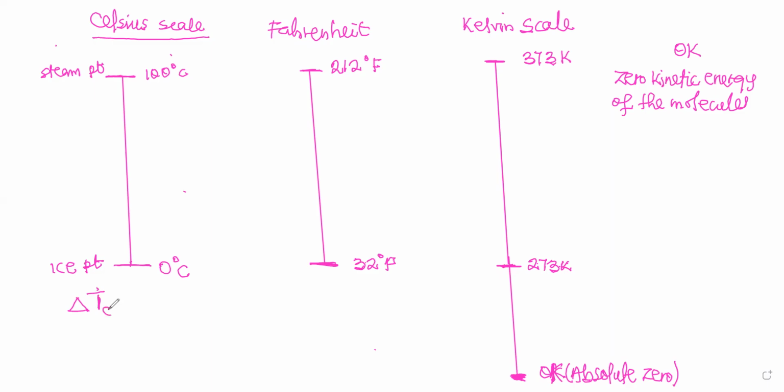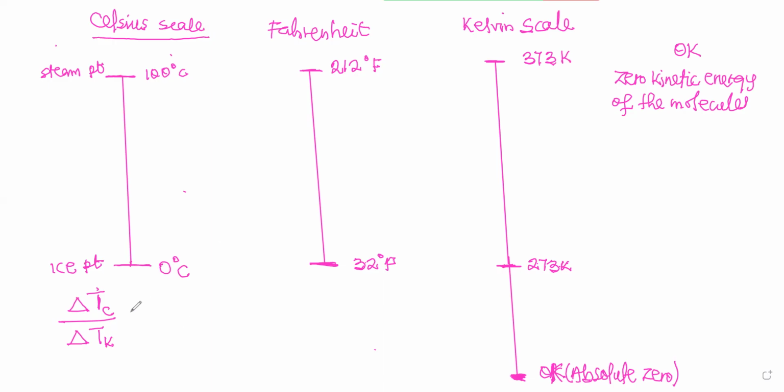Delta T subscript C, the C represents the Celsius scale, divided by delta T subscript K, where K represents Kelvin. So we are looking at change in temperature on the Celsius and on the Kelvin scale.